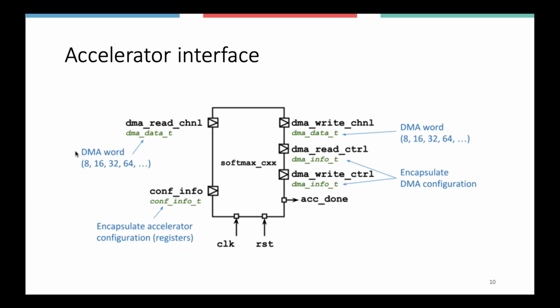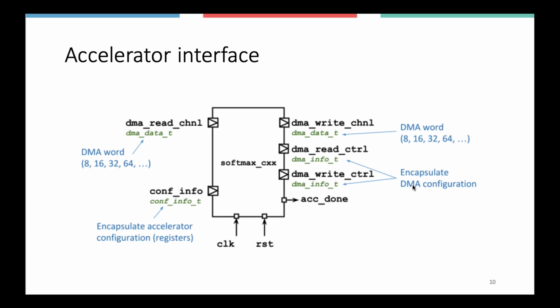To communicate with the CPU via memory mapped registers, we have a conf info port. This encapsulates essentially the accelerator configuration, the memory mapped registers. Then to program the DMA controller, we have two ports, DMA read control and DMA write control. These encapsulate the DMA configuration.